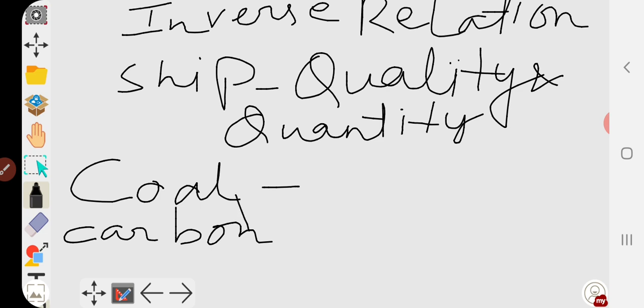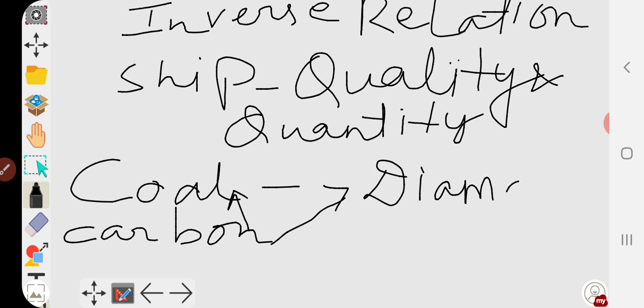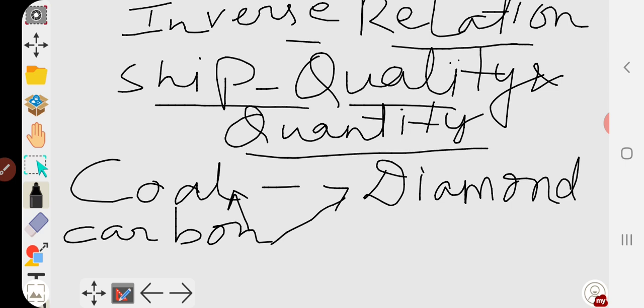One is coal and another one is diamond. Both are from carbon. Now, coal is of low quality, but it is present on the earth's surface in abundance. And diamond is of high quality, but its availability is very less. So, what does this indicate? The higher the quality, the less the quantity; the lower the quality, the more the quantity. This indicates the inverse relationship between quality and quantity.